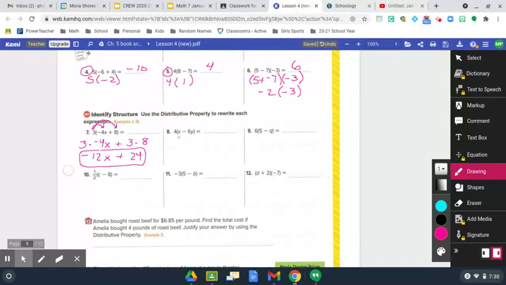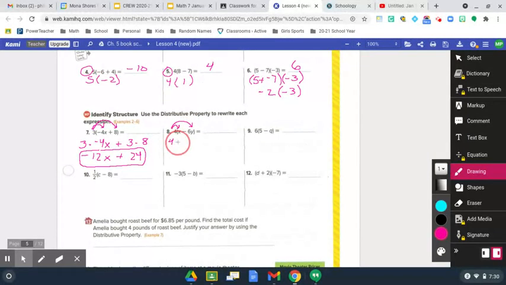Number 8, 4 times x minus 6y. I do not need to do leave change opposite. I have a positive value 4 on the outside of the parentheses that I'm going to multiply by. I can leave that subtraction sign. And I'm just going to take and distribute.